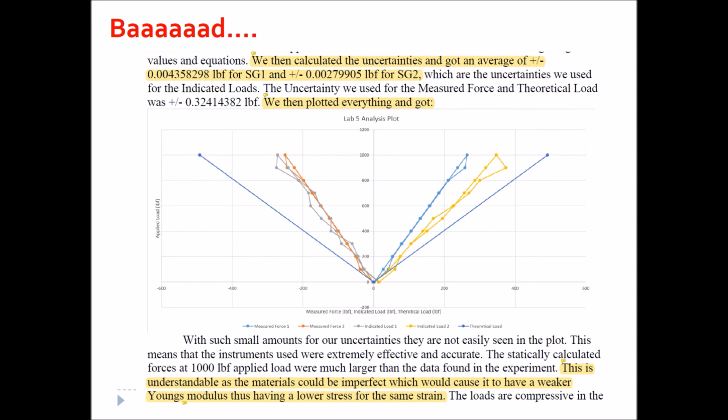Moving on to some bad things. In this particular screenshot of someone's report, there's a bunch of things that come to mind. Don't really know where to start, so let's start at the top.